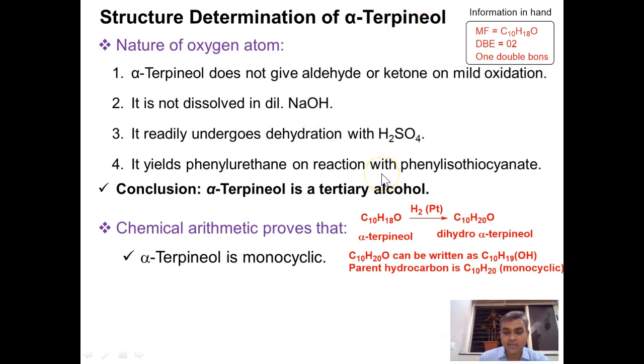Now, an alcohol molecule can add to phenyl isothiocyanate, and similarly, when alpha terpineol was treated with phenyl isothiocyanate, it forms a phenylurethane molecule. So, on the basis of these four evidences, we conclude that alpha terpineol is a tertiary alcohol. And since it is a tertiary alcohol, we can rewrite the molecular formula of the hydrogenation product, C10H20O, as C10H19OH.